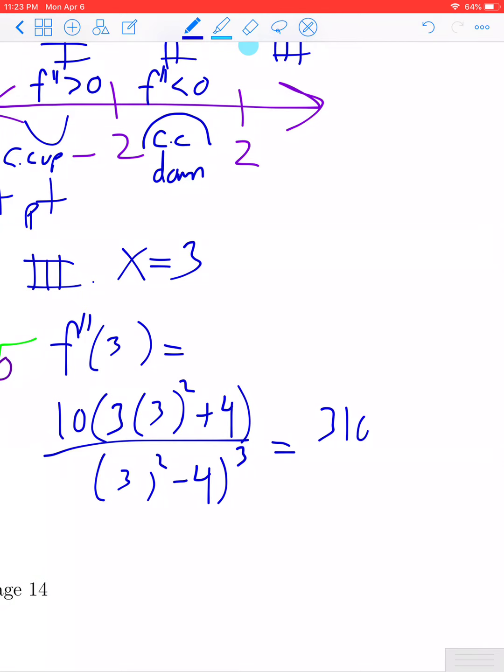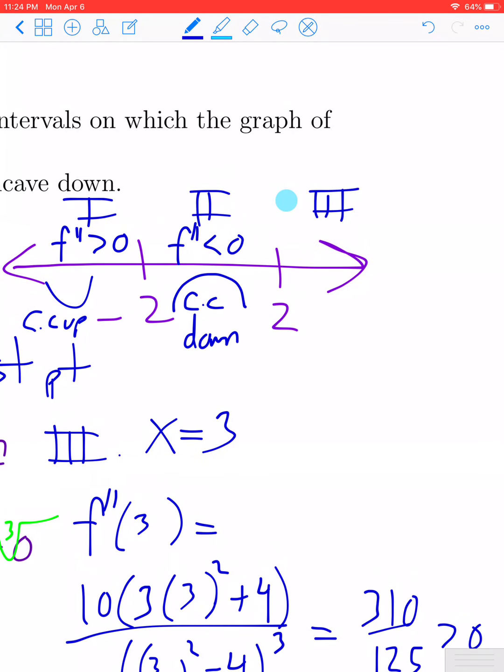So we get that 310, and that will once again be over 5 cubed, which is 125. So f double prime will be positive in region 3, which means there that the graph will be concave up.